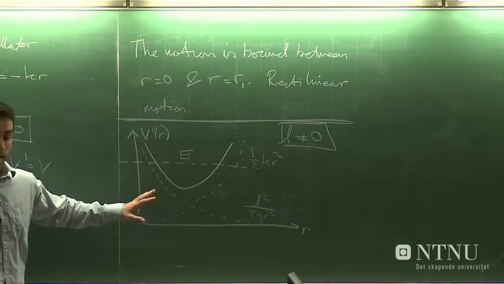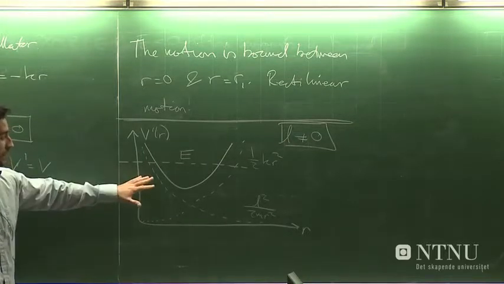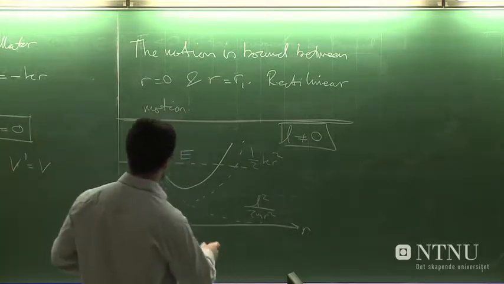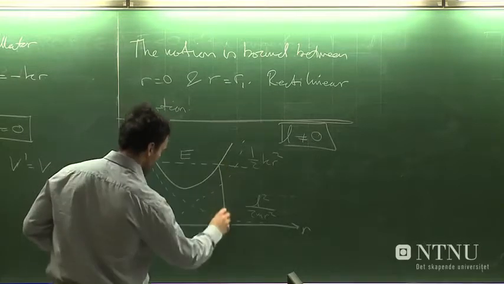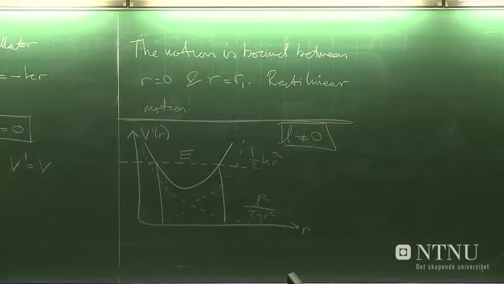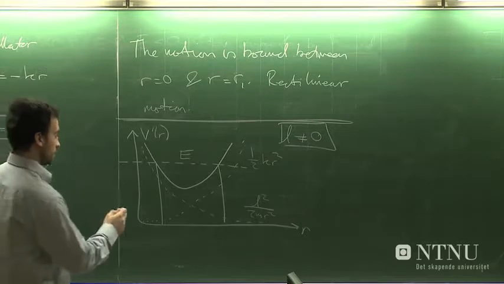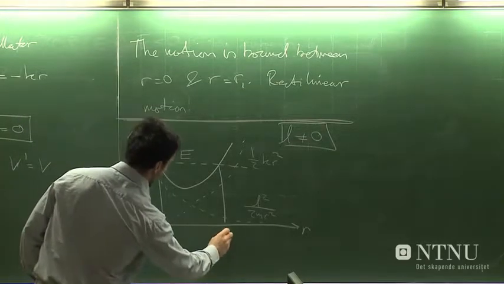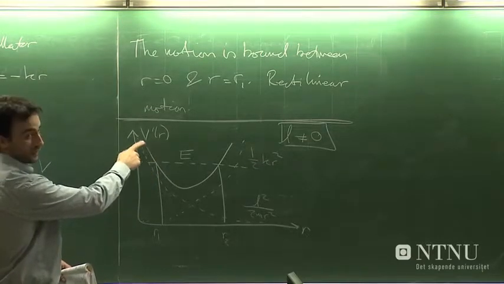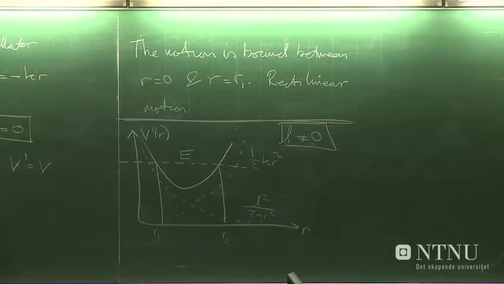So let's now consider what happens if we have a particle with energy E that is moving in this effective potential V prime. Well, again, we see that there are now not one, but two turning points. The particle cannot escape into this or this region, since in those regions the potential energy would be larger than the energy.